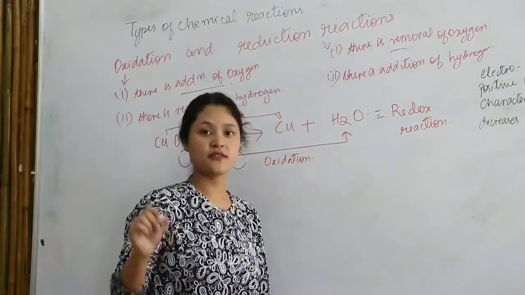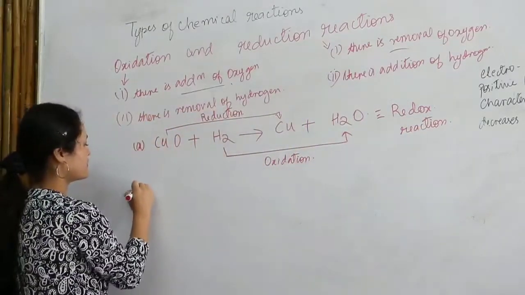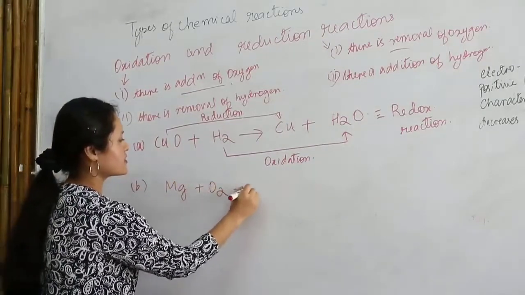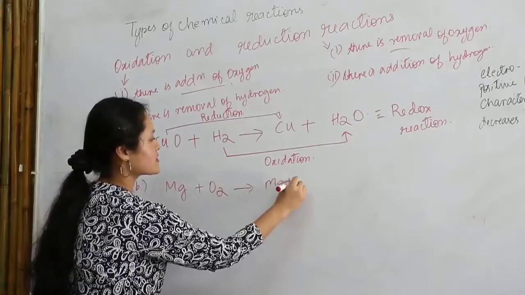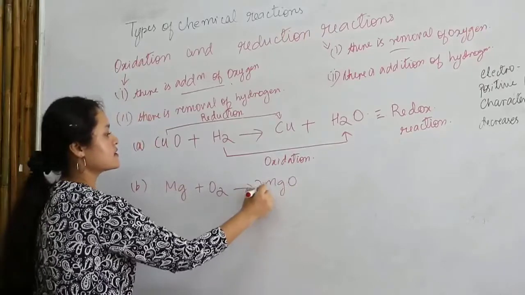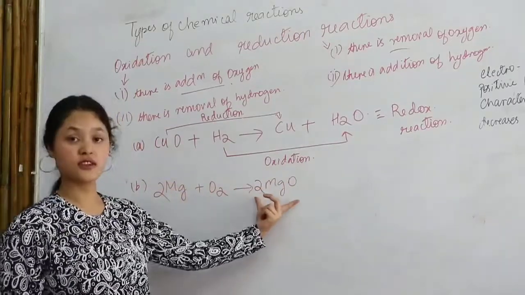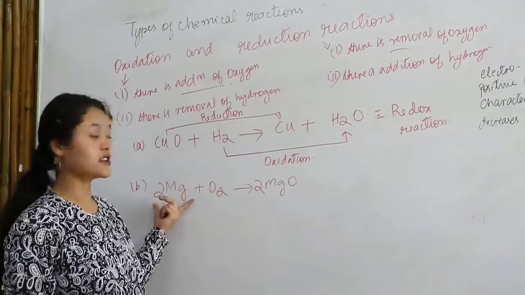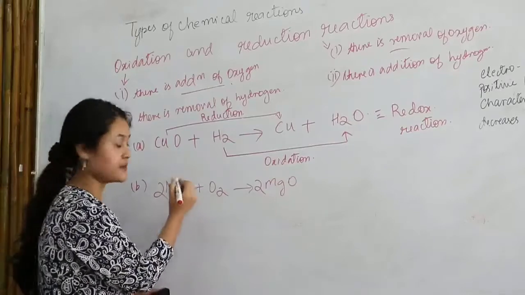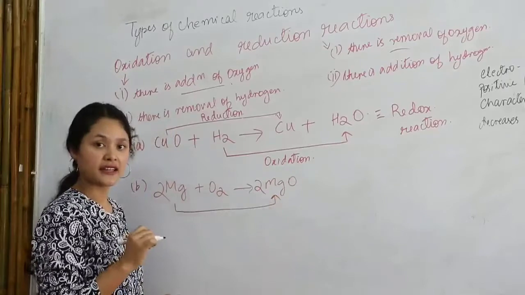Let me give you some more examples. Magnesium, when led to react with oxygen, forms magnesium oxide. Balance it first: oxygen there are 2, so here also 2. Magnesium, I have added 2, so it is also 2. See, magnesium in the product has been added with oxygen.